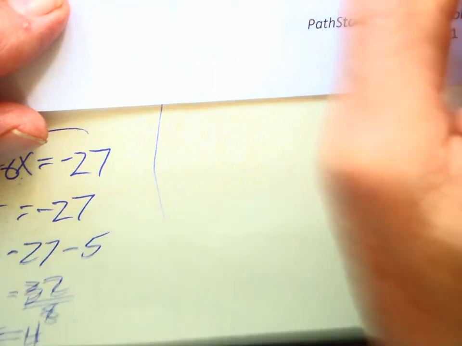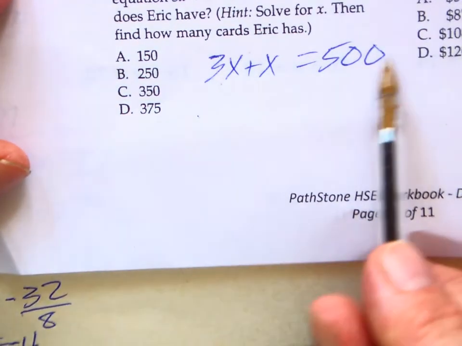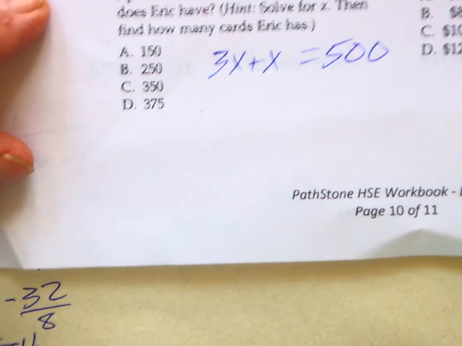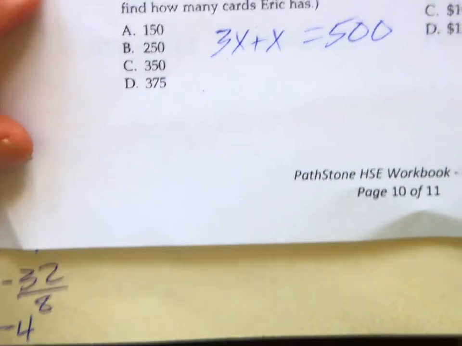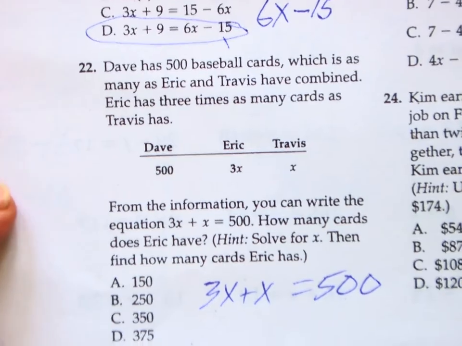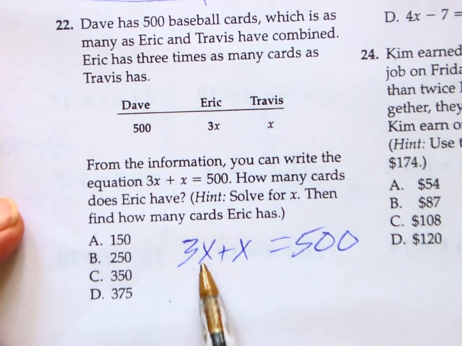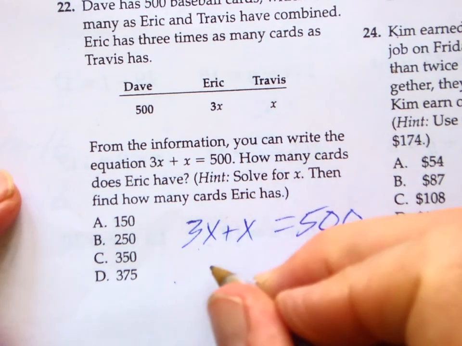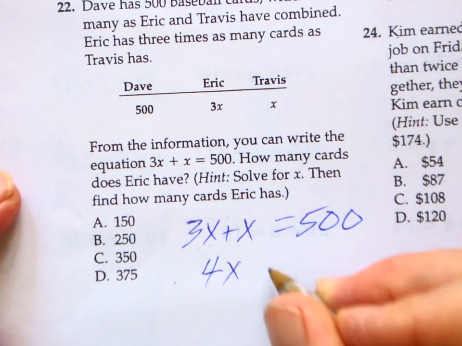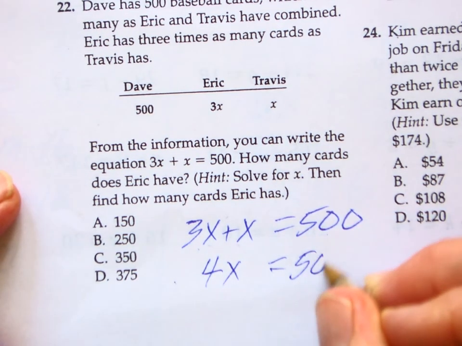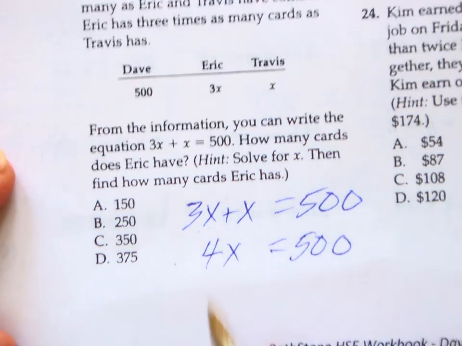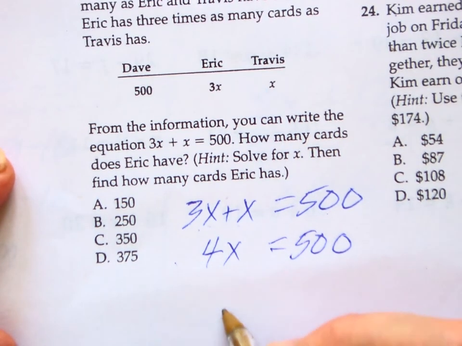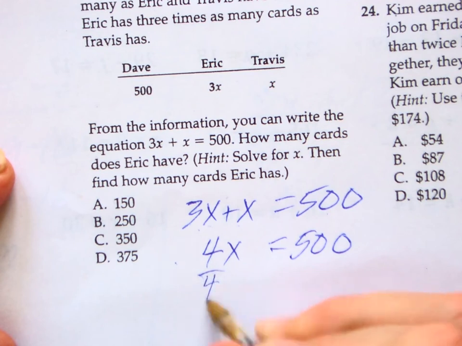So all you have to know how to do is, how do you add 3x and x? Well, it's just 3x. This means 1x. You got 3 and 1 more is 4. 4x equals 500. How do you get x? You want 1x, so you divide by 4.